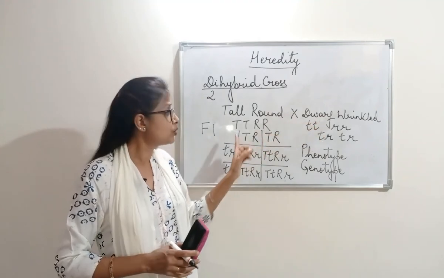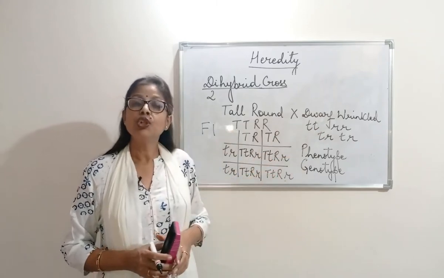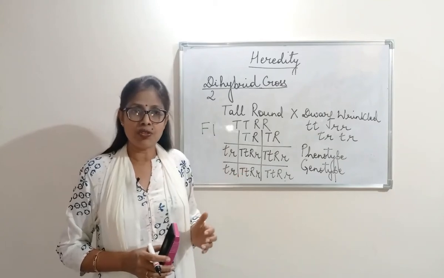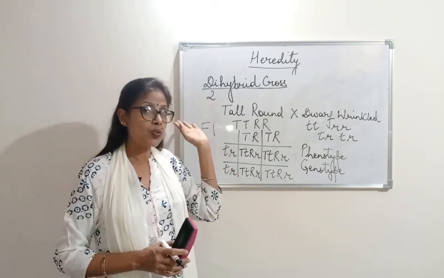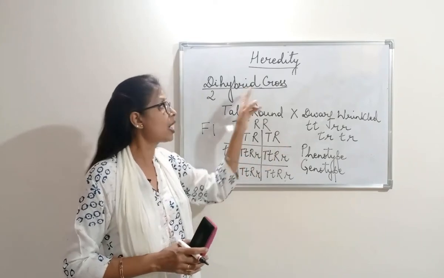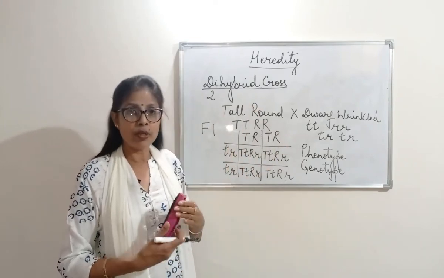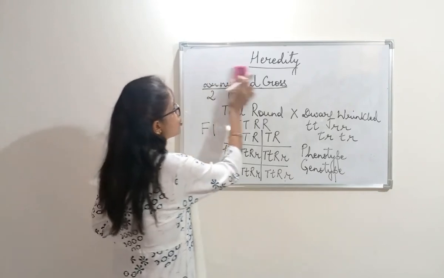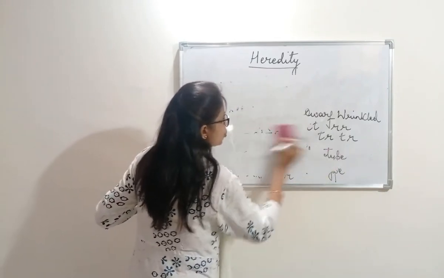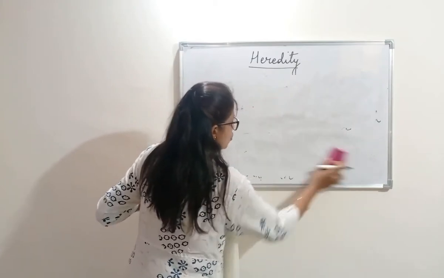Now, we are going to see what ratio we get when we study the F2 generation. In the previous one, monohybrid, all were dominant in F1, and in dihybrid also all were dominant. Now we go back to what is going to be the ratio in the F2 generation.